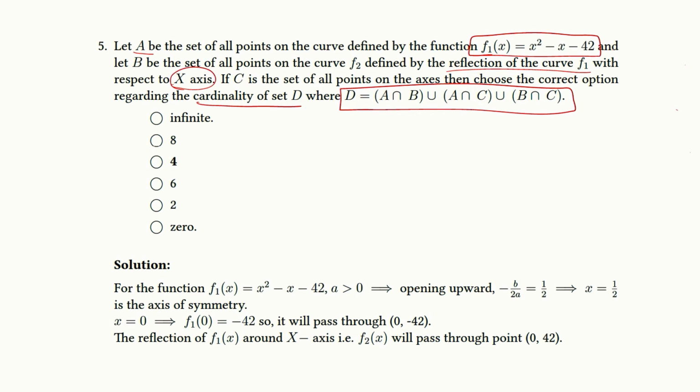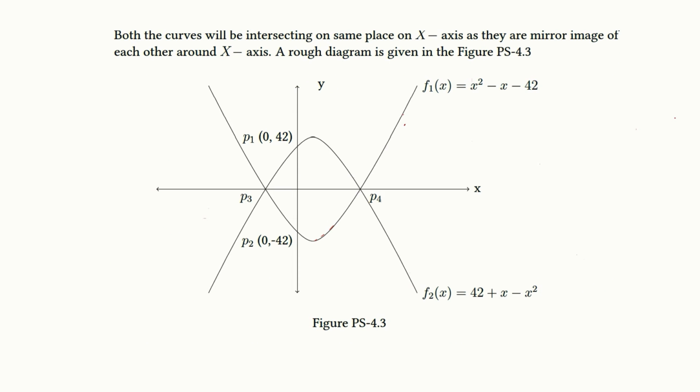So let's plot f1 of x and f2 of x roughly. Let's assume that this is a rough diagram we get. As f1 of x is x square minus x minus 42, the coefficient of x square is positive, so we will get an upward parabola. Its reflection with respect to the x-axis will be a downward parabola like this.